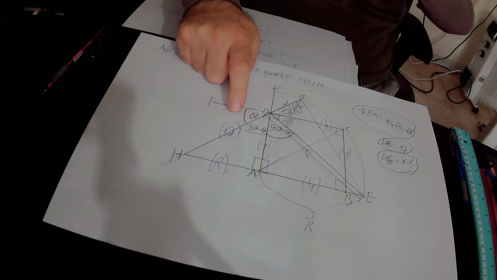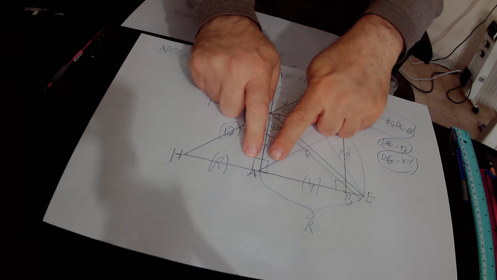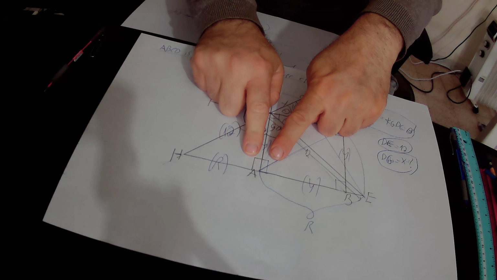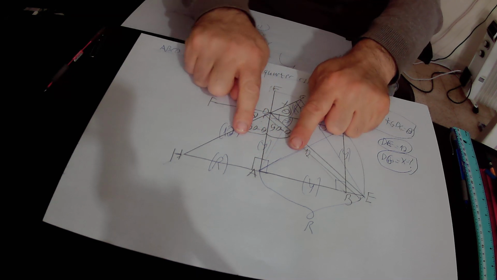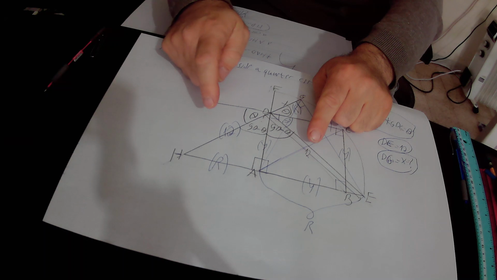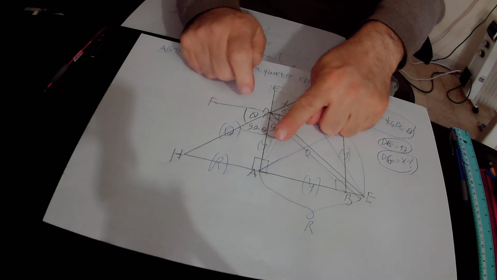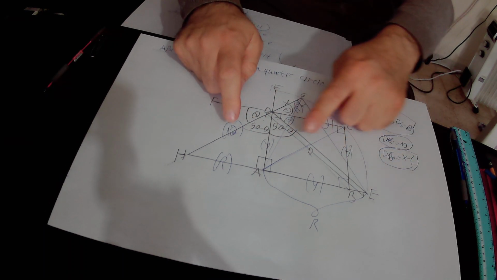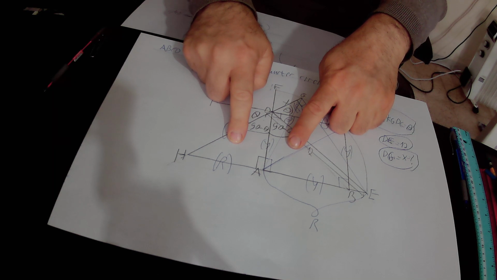And finally, those two angles are both right angles, therefore they are equal to each other. So we actually proved that those two right triangles, triangle ADH and triangle ADE, are congruent according to the angle side angle rule.